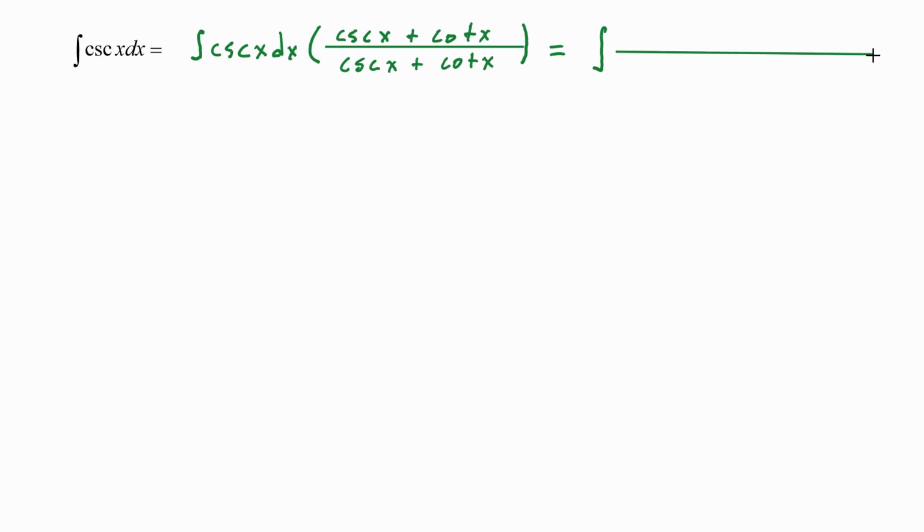Get that fraction bar in there. Once again, we can multiply the numerators together. So we are going to get cosecant squared of x plus cosecant x cotangent x. And in the denominator, we have cosecant x plus cotangent x. And then don't forget about that dx that we have in there.